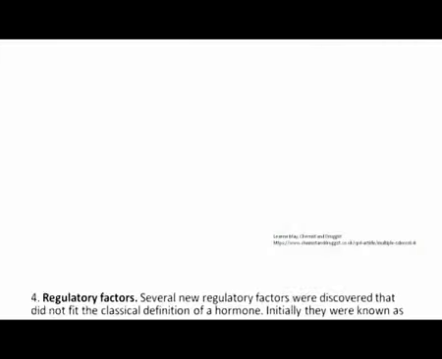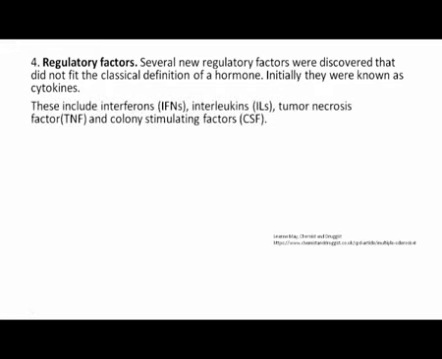Moving on, other industrially important proteins are regulatory factors. Several new regulatory factors were discovered that did not fit the classical definition of hormone, and initially they were known as cytokines. These include, as I was just now telling, the interferons (IFNs), interleukins (ILs), tumor necrosis factor (TNF), and colony stimulating factor (CSF).